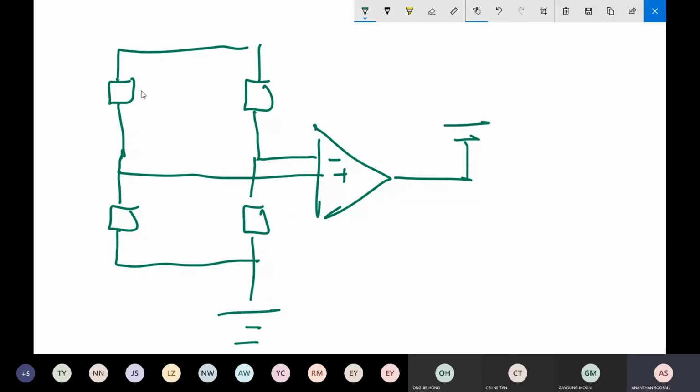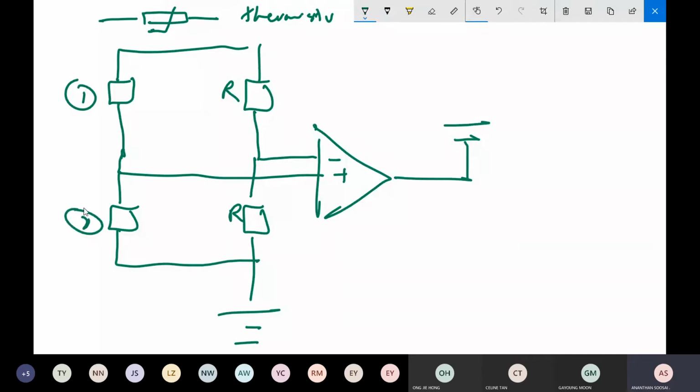I don't want to draw the power supply; it's connected here. Tell me now, you want to replace one of the devices with a thermistor, and I put a fixed resistor in the other place. Tell me, one or two, where do you place your thermistor? One. Yes, one. So here you fix your thermistor.